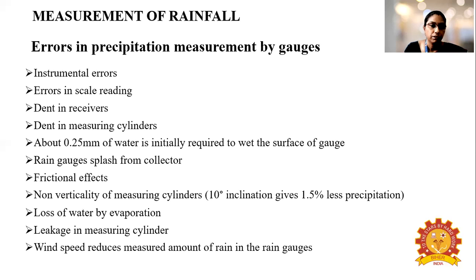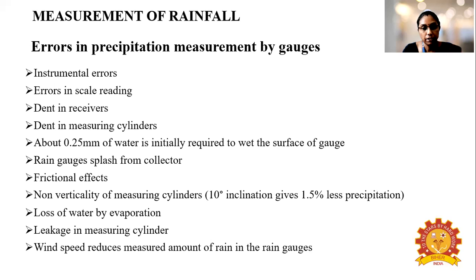That is when the measuring cylinder is not truly vertical. If there is any inclination, that affects the precipitation measurement. For example, a 10-degree inclination of the measuring cylinder will give 1.5% less precipitation.